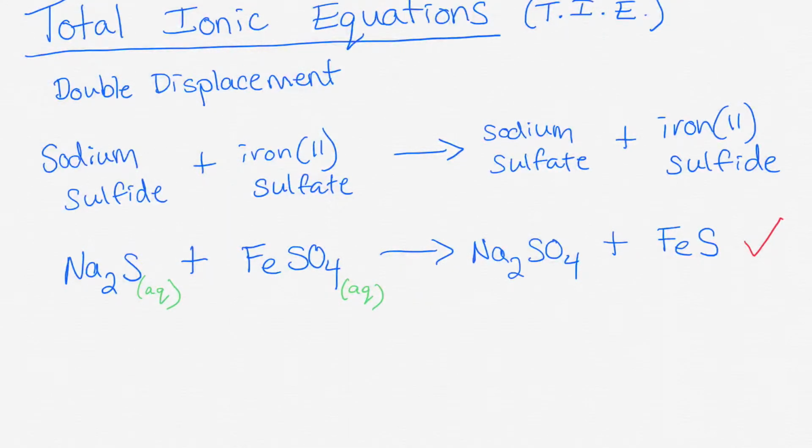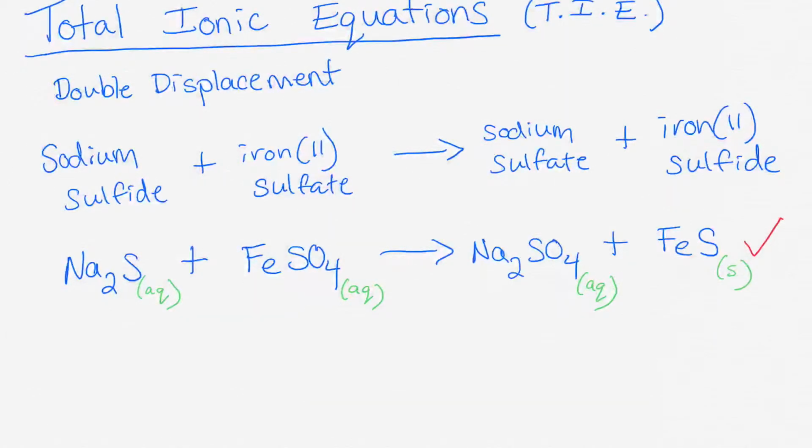It dissolves in water. And then our sodium sulfate also is going to dissolve in water, so that's going to be aqueous. But the iron 2 sulfide is actually not aqueous. So it's going to be solid. It's insoluble in water.